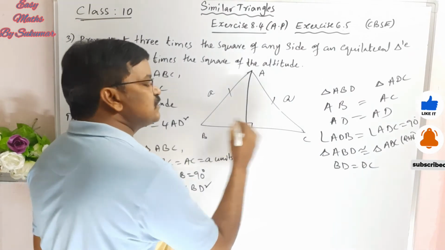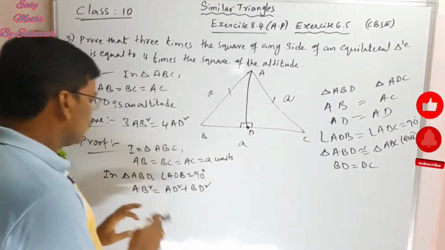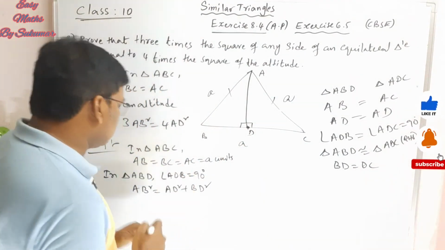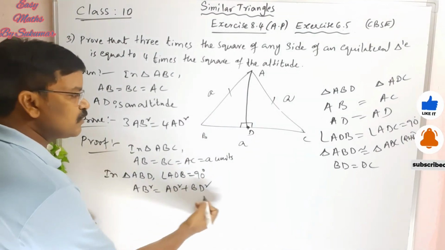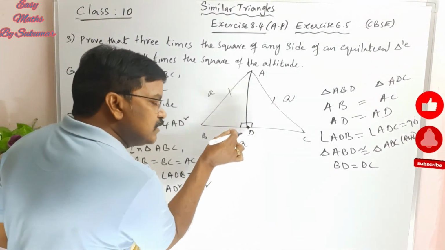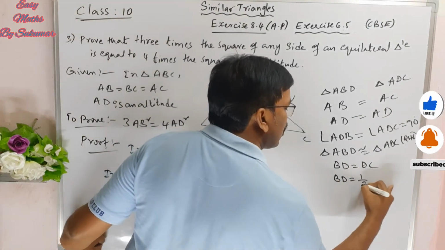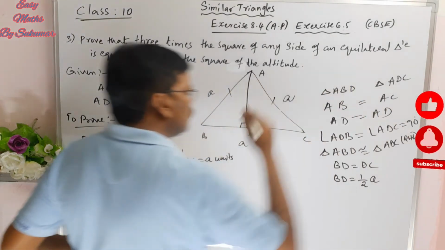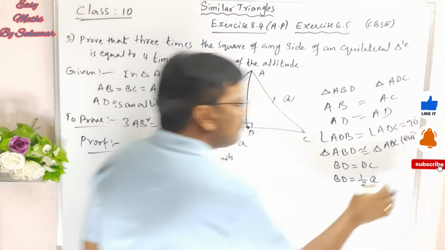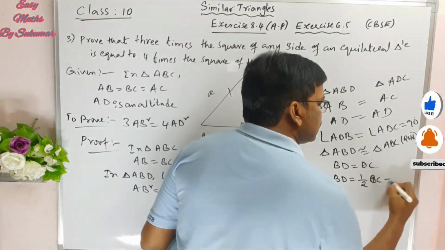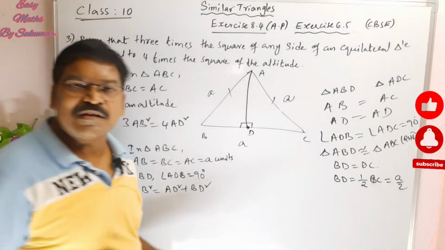So D is the midpoint of BC. Here AB square is equal to AD square plus BD square. In place of BD, we write half of BC, that is a by 2.